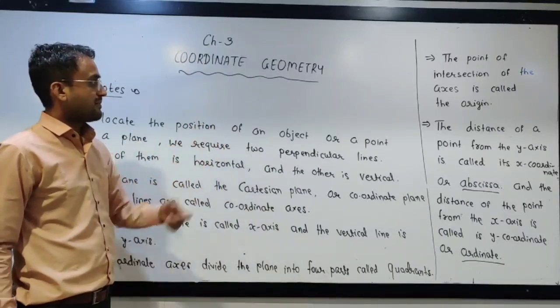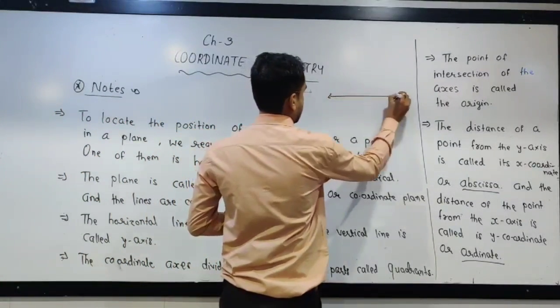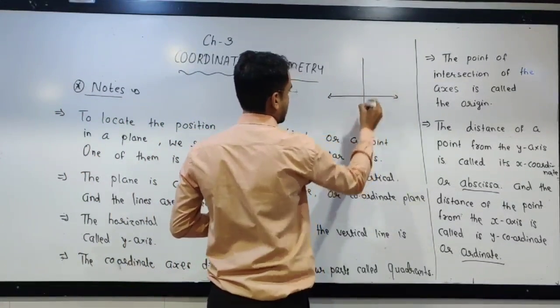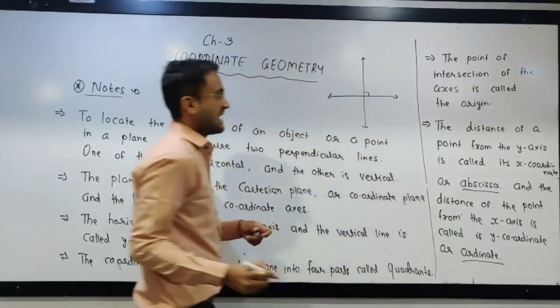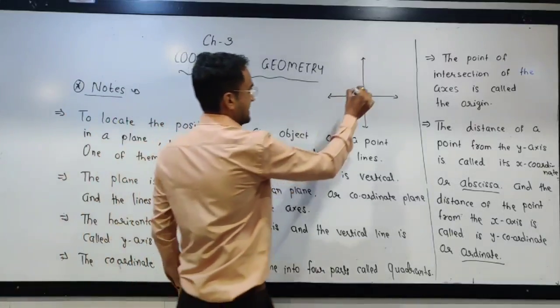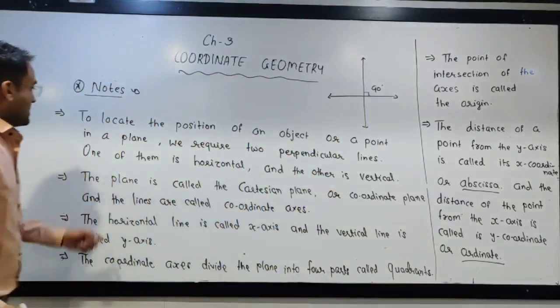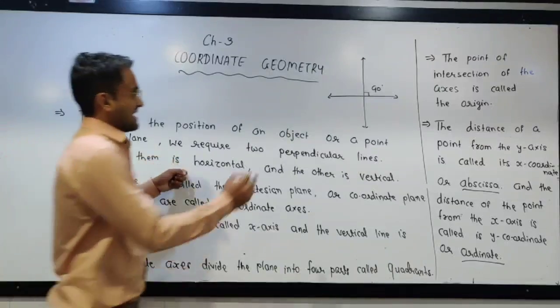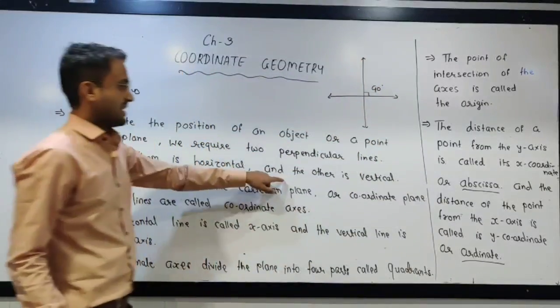We require two perpendicular lines. Right? Perpendicular lines means, if they make an angle of 90 degrees, then they are called perpendicular lines. One of them is horizontal and the other is vertical.